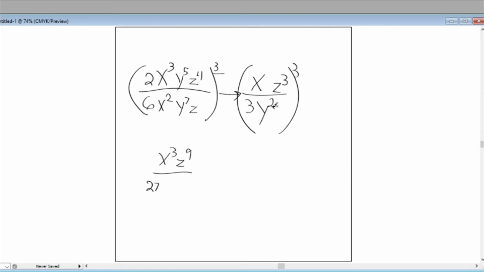And then y to the second raised to the third power. We multiply those powers, and we get y to the sixth. Okay, and then just to check and make sure, I don't see anywhere that we can simplify this any farther. I don't have any more that I can divide out of that, and we've already divided it out here. I have no addition, no subtraction, no anything else going on, so this would be my final answer.